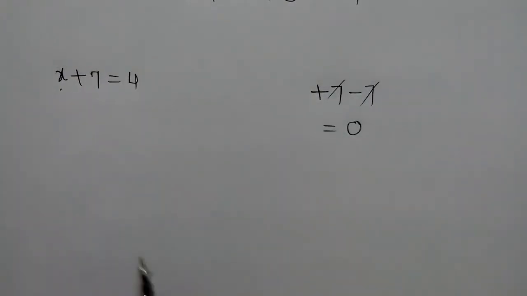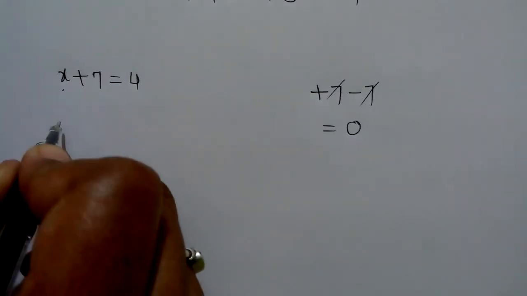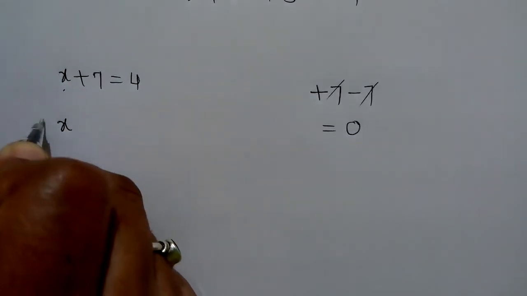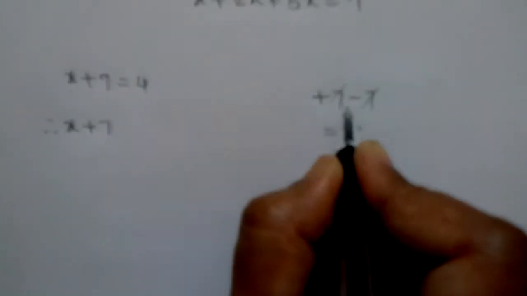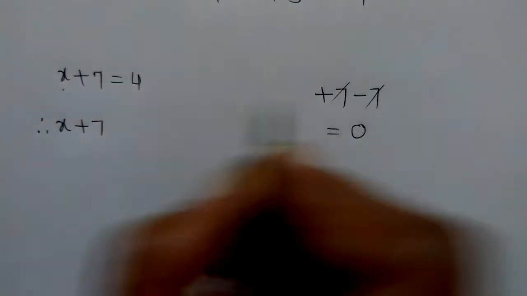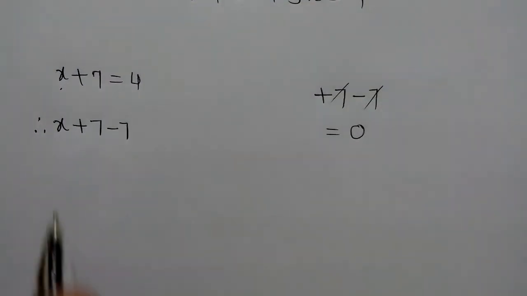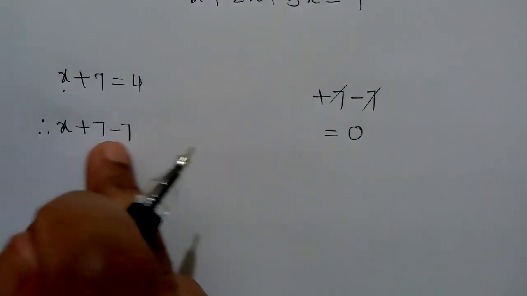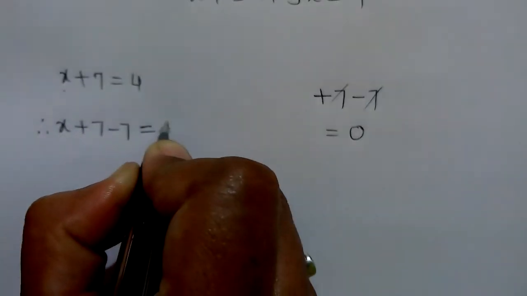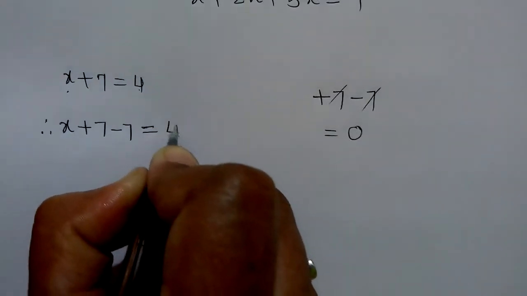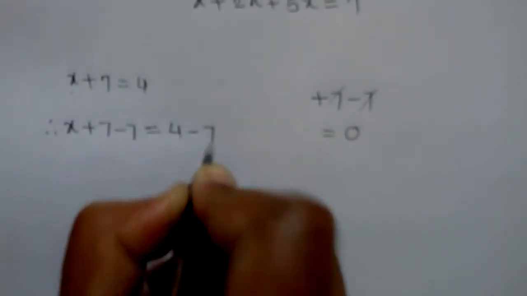So we will do the same thing in this equation. x as it is, then plus 7, and now we have to remove this 7. So we will do minus 7 this side. As we have subtracted 7 from the left side, we have to subtract from the right side also. Here on the right side 4 is there. Again we will subtract this 7.